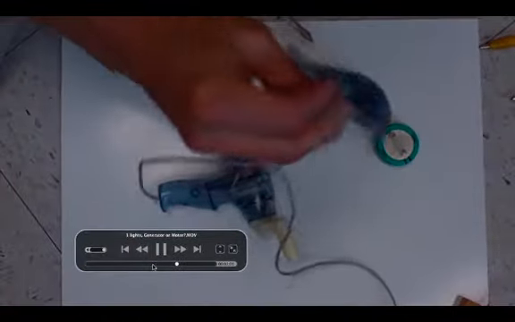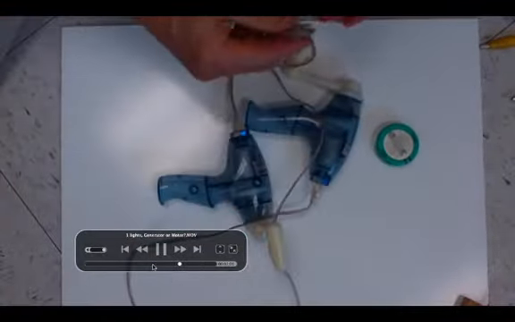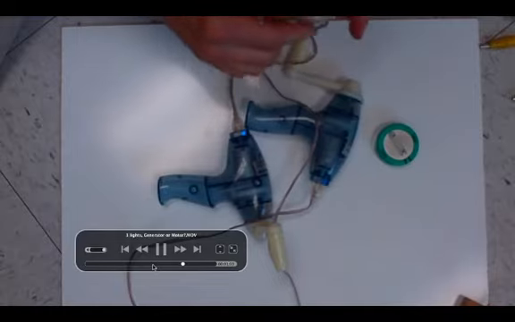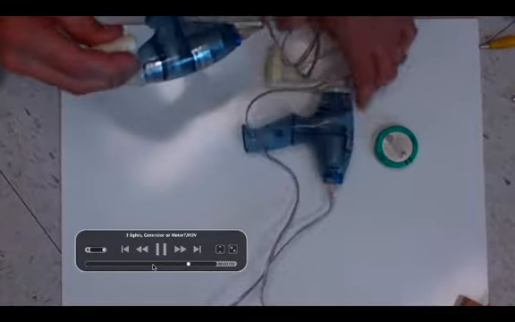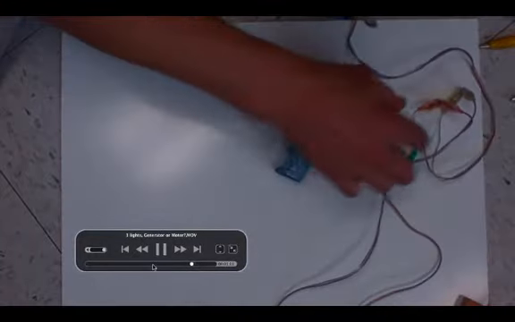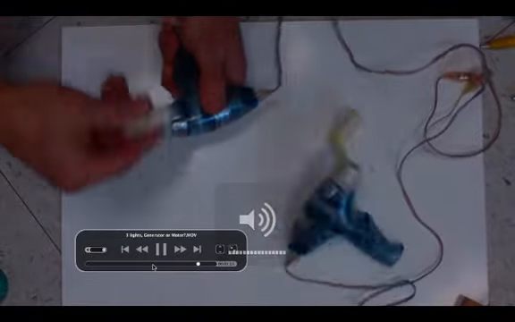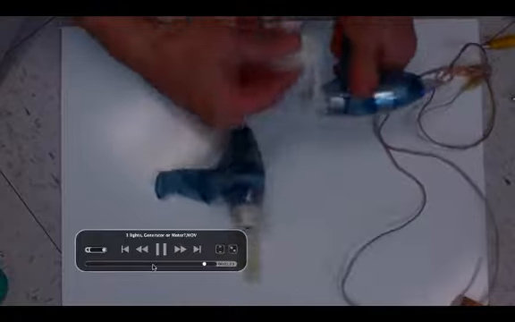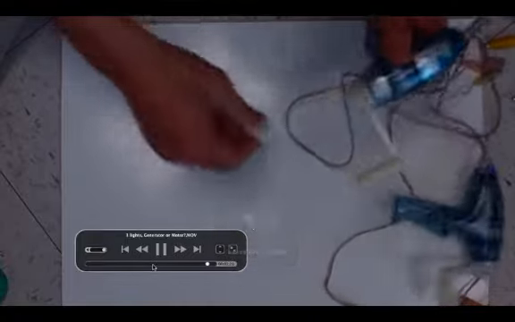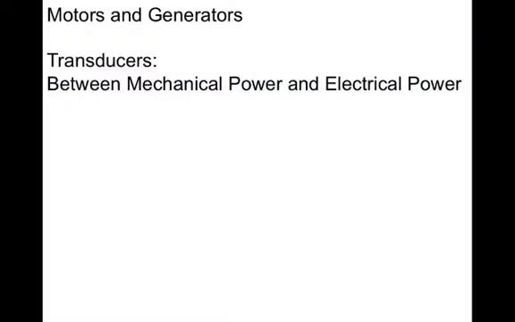So how about if we have two and we hook them together? Now one of them, in my hand, I'm generating electricity with it. It's a generator. What about the other one? Well, now which one is the generator and which one is the motor? So what is mechanical power and what is electrical power?